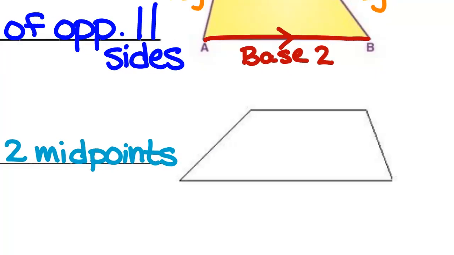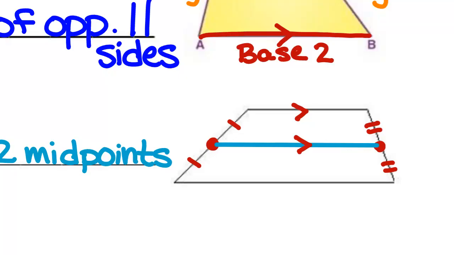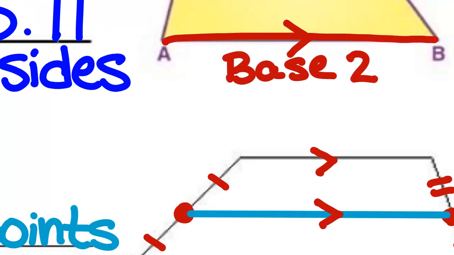So first you would identify the midpoints of the legs, so the non-parallel sides. So this would be a midpoint here. And over on the other leg, this would be a midpoint here. And so then the mid-segment connects those two, and the mid-segment is parallel to the two bases.